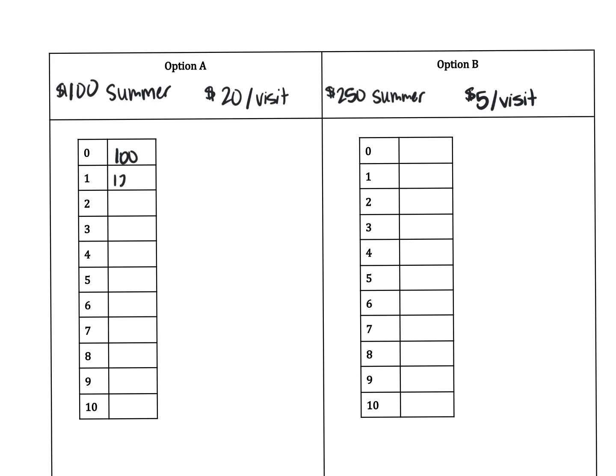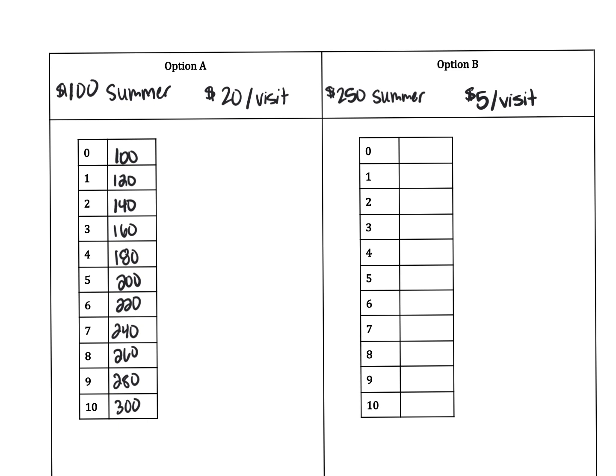So it would be $120, and then so on and so forth, filling out our table. So each visit is another $20. So you can see we're adding $20 each time, to get a sense of what our costs might be.